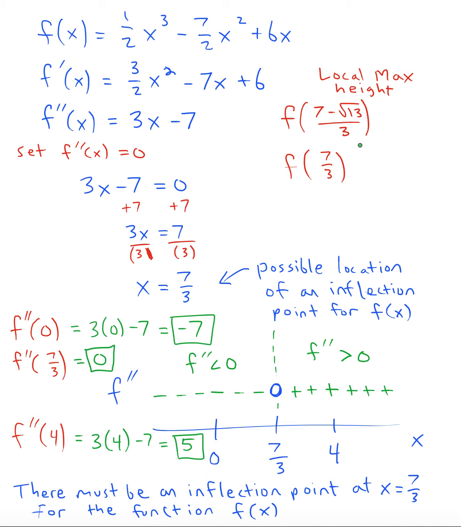That's going to be the inflection point height. And we should find f of 7 plus radical 13 over 3. That will be the local min.